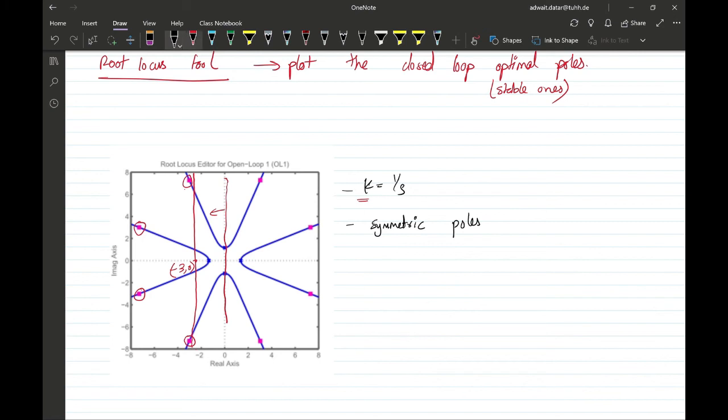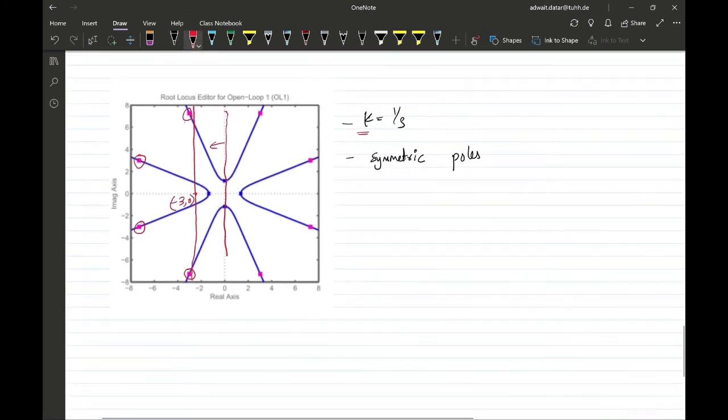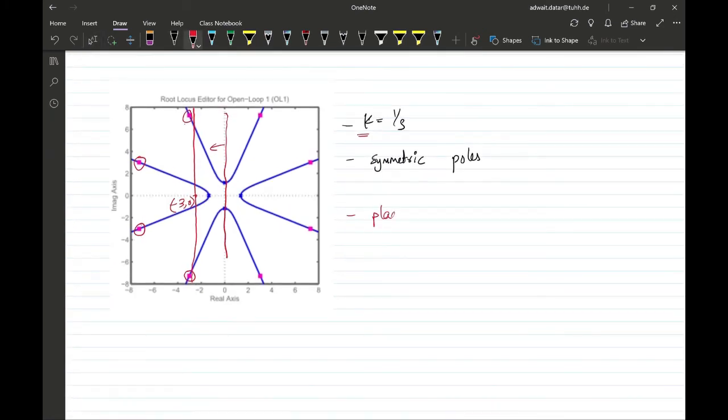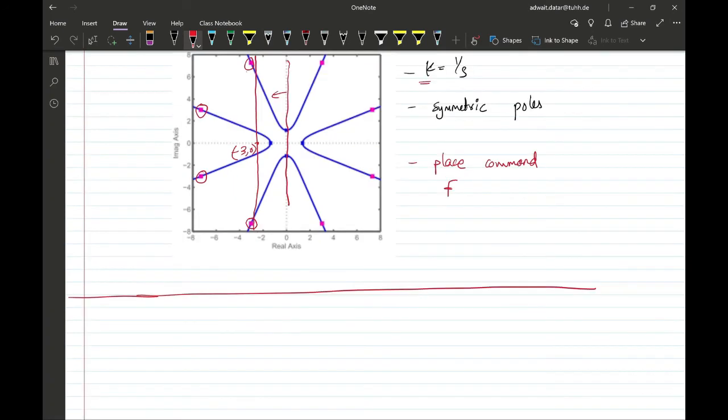Now once we have these pole locations, we can simply use the place command to find the state feedback gain F that places these poles at these locations. So once we do that, we're done with part B, and in part C, we're just required to plot the system response for the initial condition given as this.